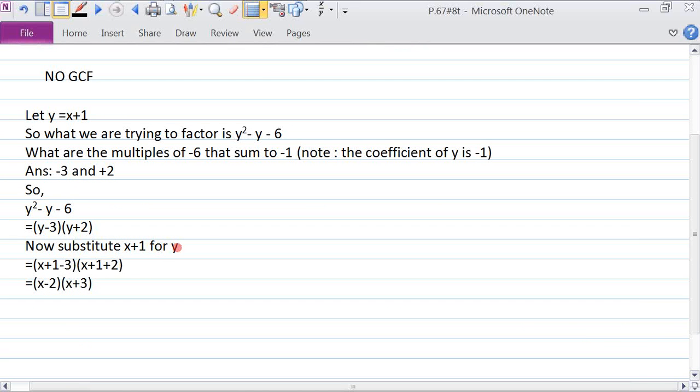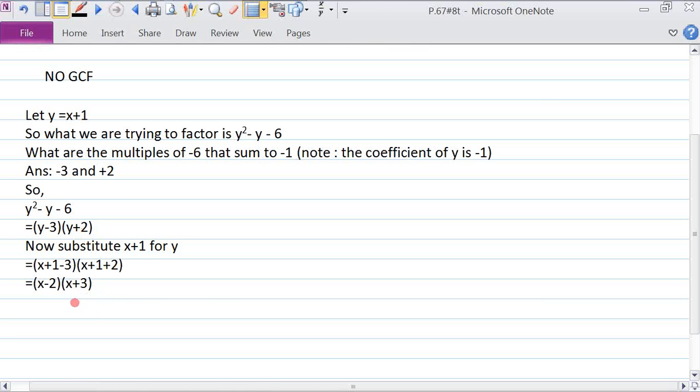I go and reverse the procedure. Everywhere that y appears, I'm going to replace it with x plus 1. So instead of writing y here, I'm going to write x plus 1. This minus 3 is that minus 3. And then for y here, I'm going to substitute x plus 1, and I've got the plus 2 here.